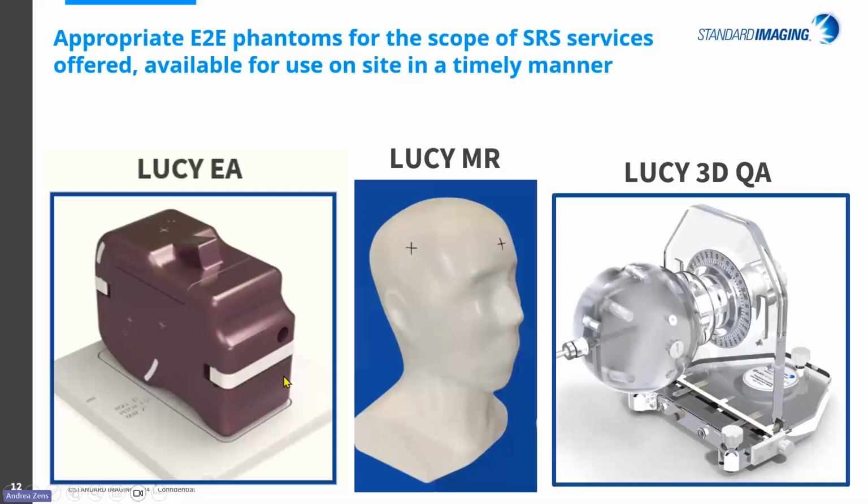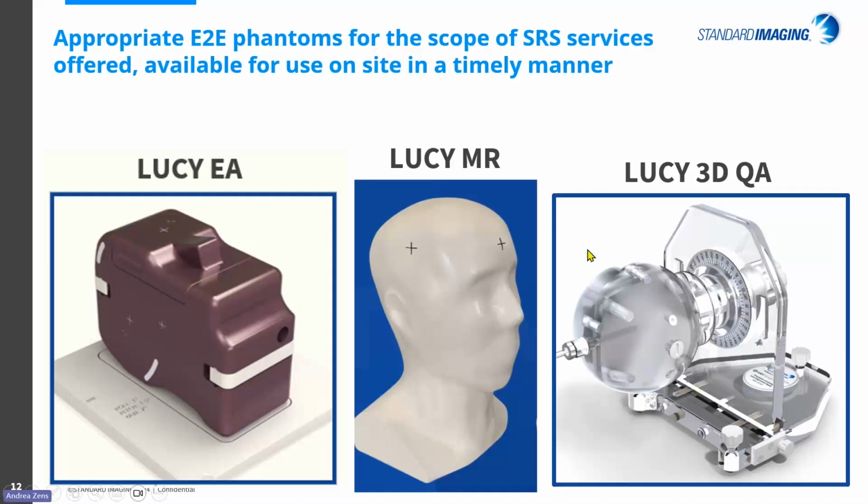For your consideration, we have the Lucy EA, which we will go into depth on momentarily. But just to let you know what else we have, we also have our Lucy MR Phantom, which is our fully anthropomorphic phantom. The entire thing is MR visible, which makes it an excellent choice for your Unity system, for example.